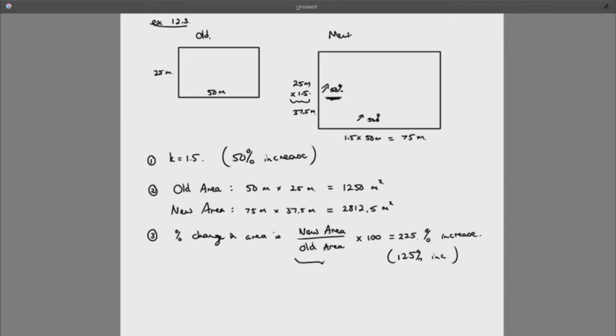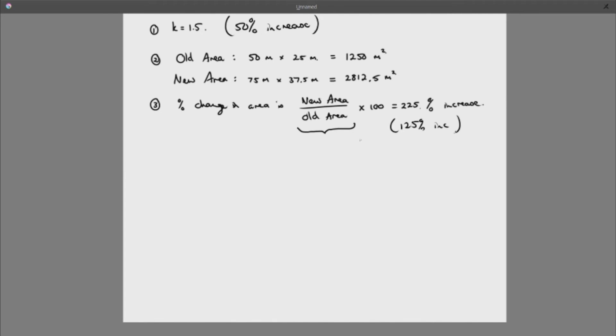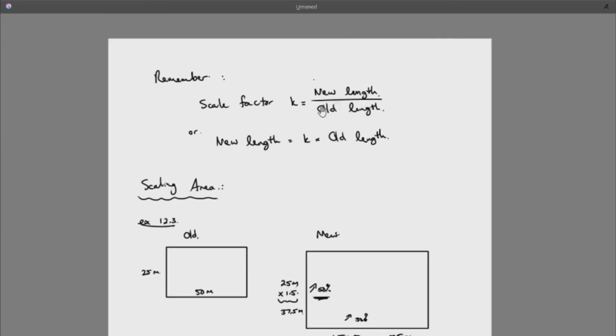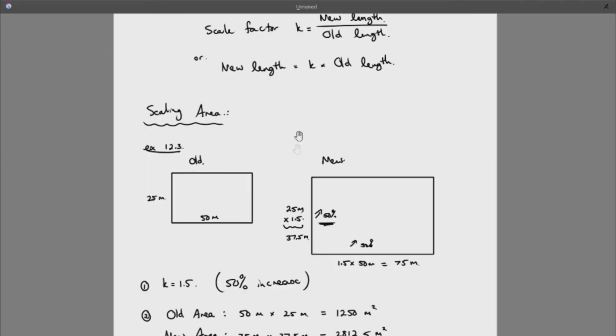What happens if I just calculate this and forget the percentage portion? Don't multiply by 100, I just calculate new over old. That would give me what I'll call the area factor. New area over old area. Something very similar to the scale factor, but that was with length, so I can't call it the scale factor again.